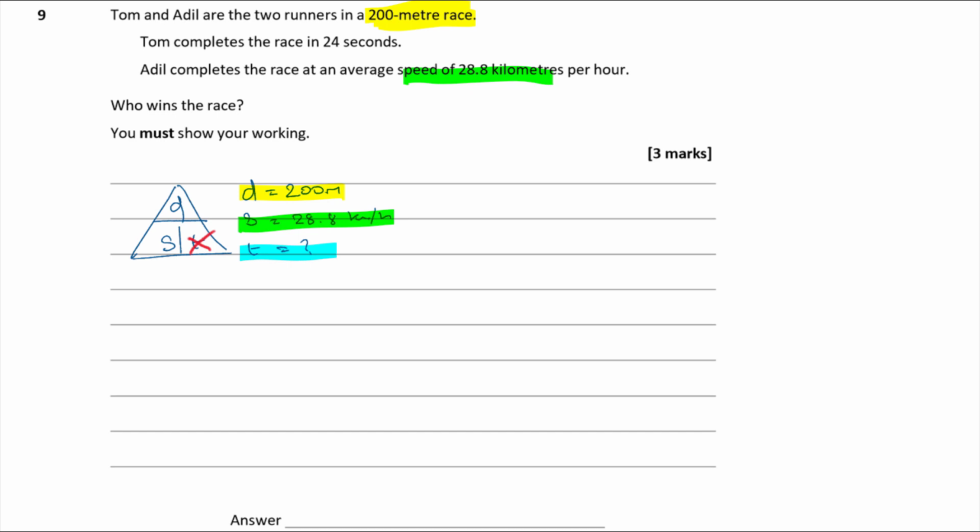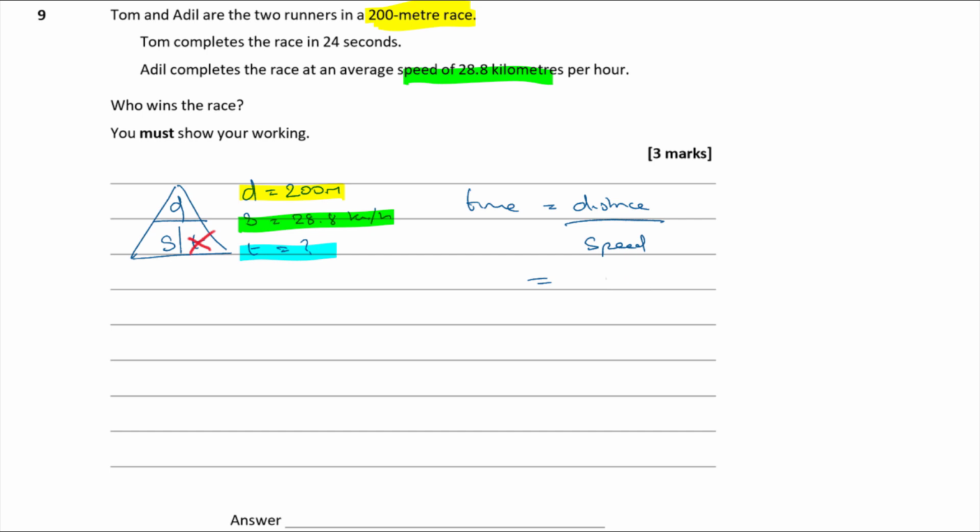So covering up T, that tells me that time is distance divided by speed. So time equals distance divided by speed. Now the distance was 200. A slight issue here in that we got different units, haven't we? So in order to sub in meters and kilometers, probably best idea to convert that into kilometers first.